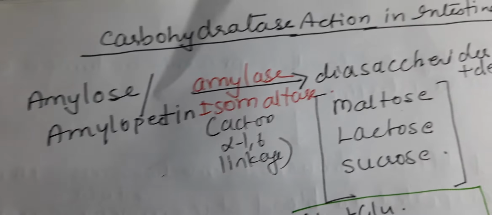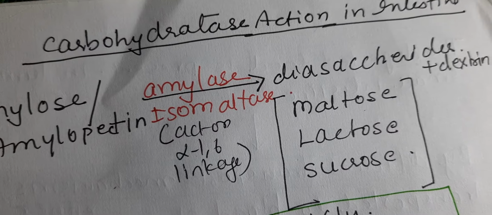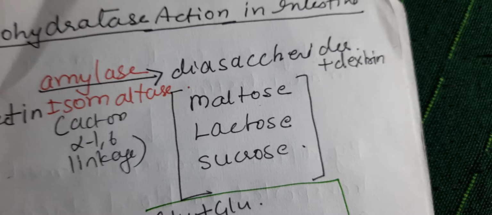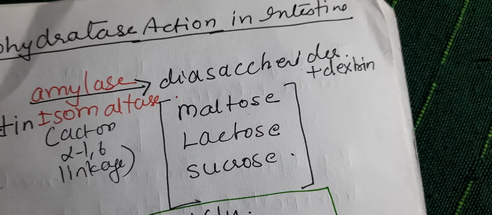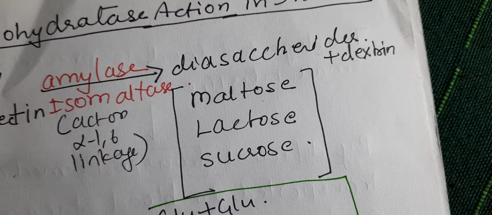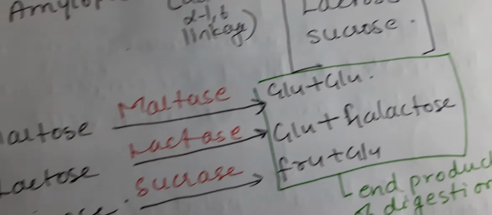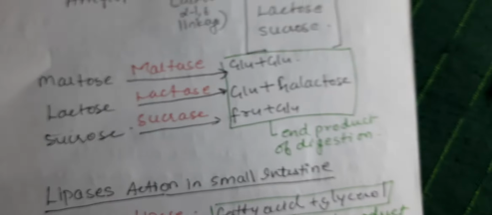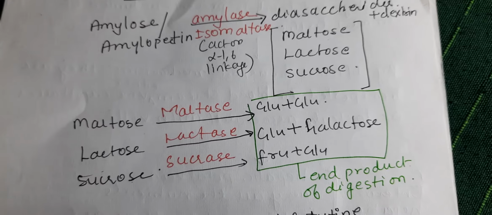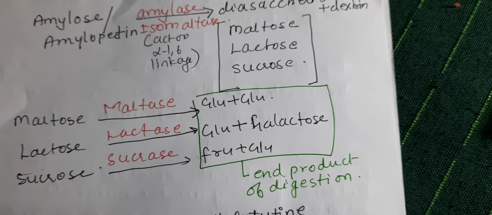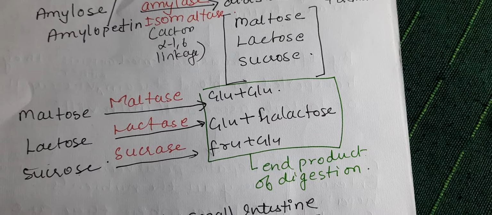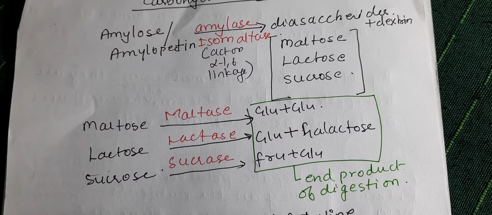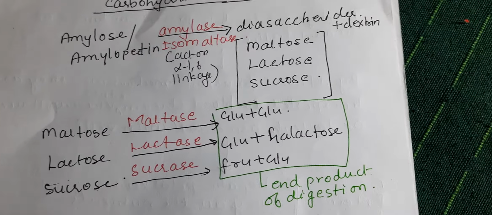Amylose and amylopectin are acted upon by the amylase or isomaltase and converted into disaccharide and dextrin. Further, disaccharides are acted upon by separate enzymes, maltase, lactase, sucrase, and they convert them into the respective monosaccharides, and these monosaccharides are the end product of digestion. So this is how the digestion of carbohydrate gets completed in the small intestine.